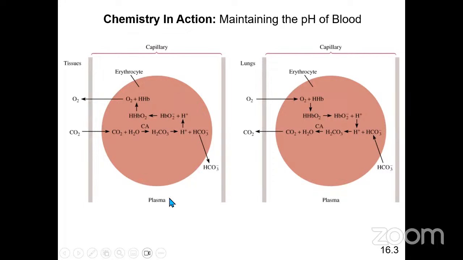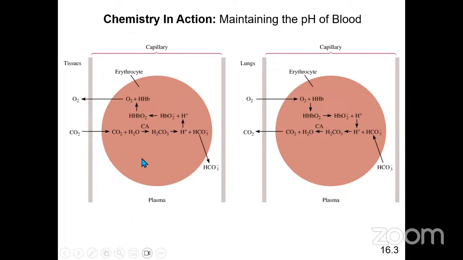And then, of course, outside of the red blood cell, you have the plasma. And this here represents the tissues. And of course, you know what happens when a red blood cell is transported to tissues. Basically, it delivers oxygen to the tissues and absorbs carbon dioxide from the tissues, right?